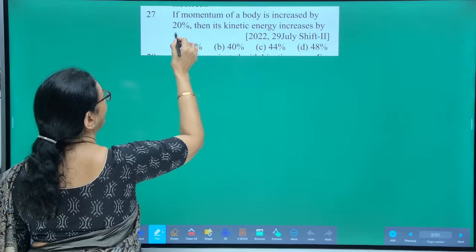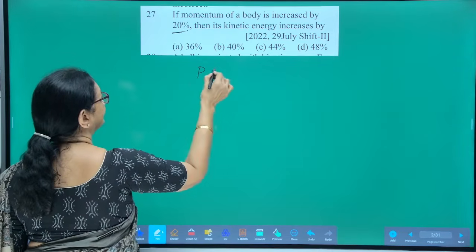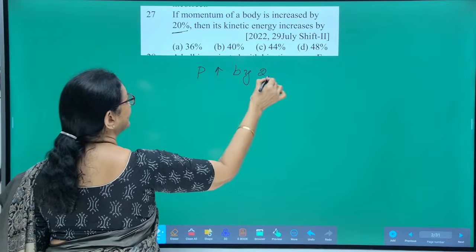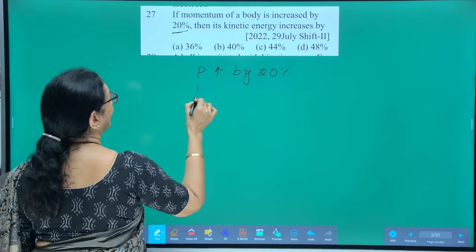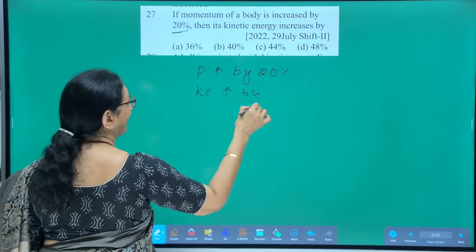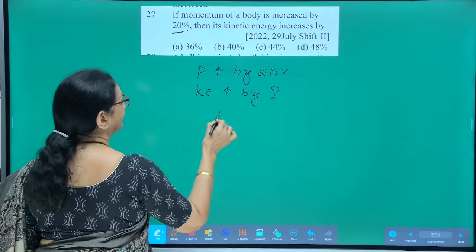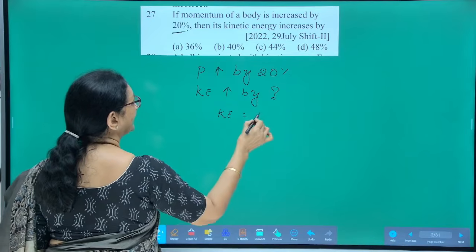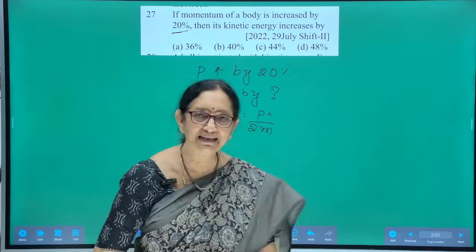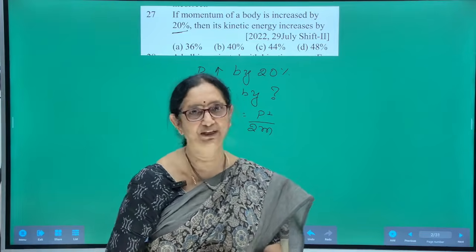Momentum of a body increases by 20%. Kinetic energy of the body increases by what percentage? The relation between kinetic energy and momentum is KE equals P square by 2m.